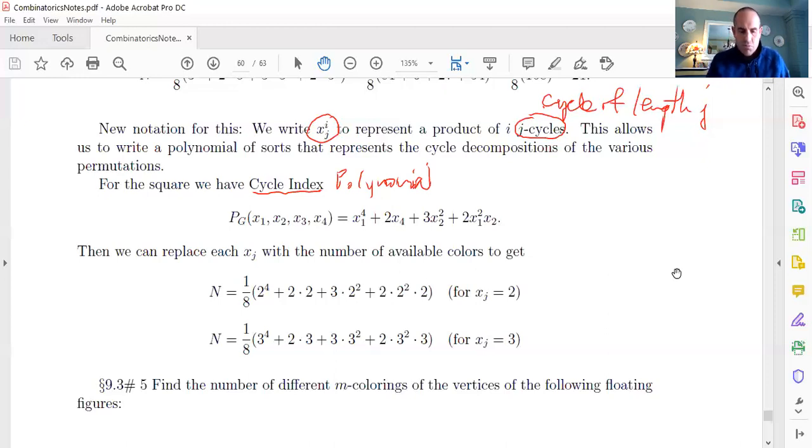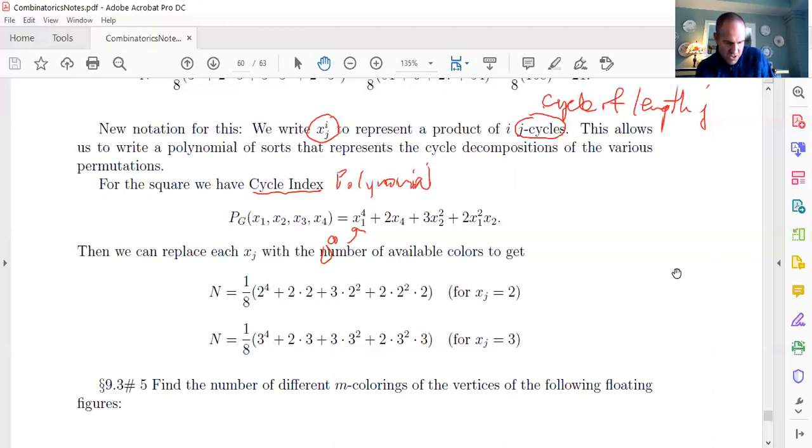Well, the identity permutation had a bunch of cycles of length 1. How many of them? 4. It had 4 cycles of length 1, so we write x sub 1 to the 4th. This corresponds to the 0 degree rotation.